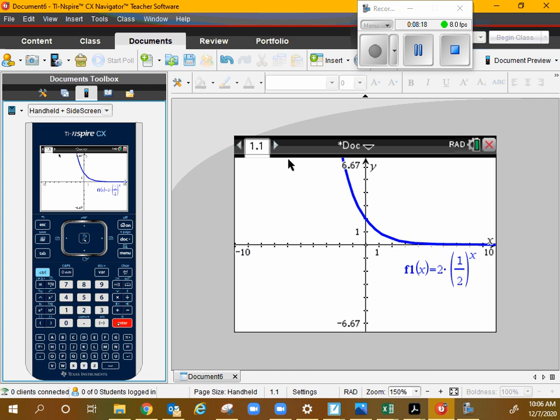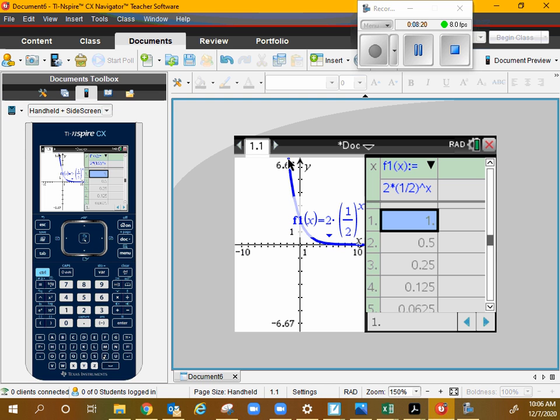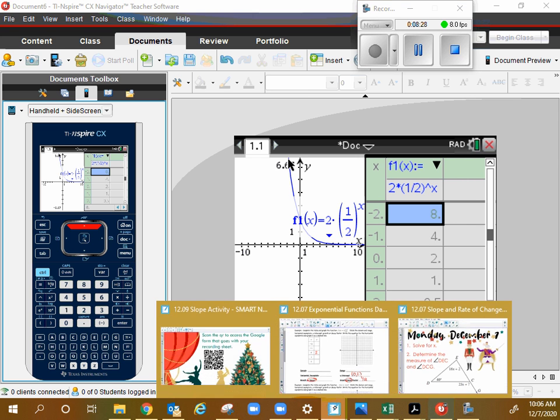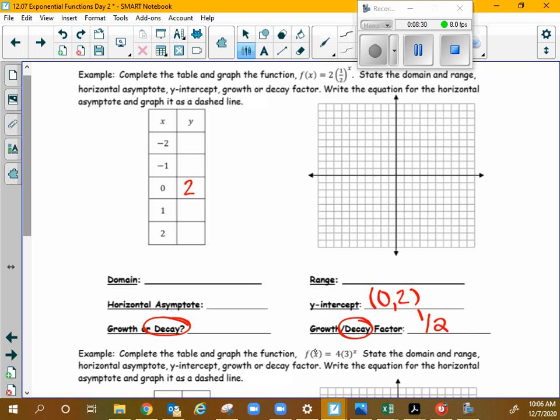I'm going to Control T, get my table. I need it to start at -2. So the -2 value is 8. What's my -1? 4. What's my 1? 1 and my 2, 0.5.